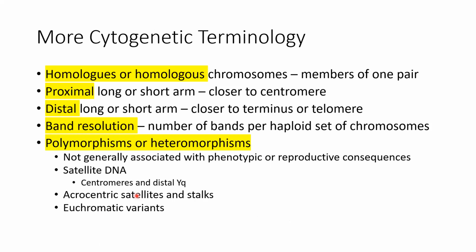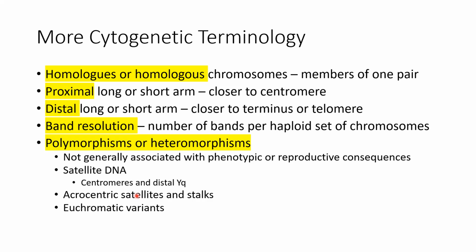So again, some cytogenetic terminology that you'll hear in the cyto lab a lot: proximal and distal. Proximal being closer to the centromere, distal being more toward the end of the chromosomes. Each pair has 2. We get one number 1 from mom, one number 1 from dad, and those are called homologs or homologous chromosomes.